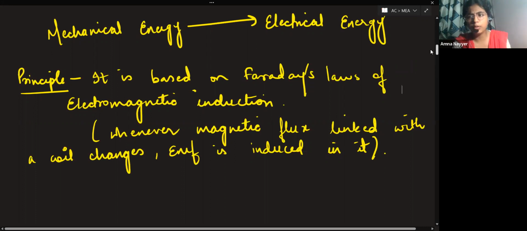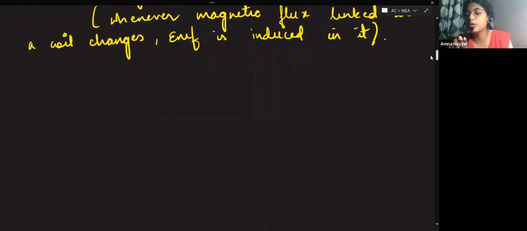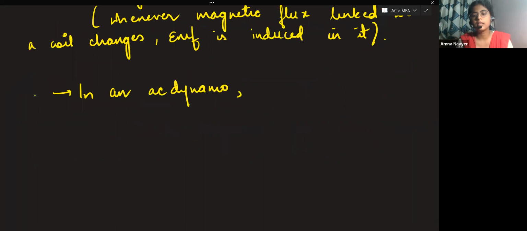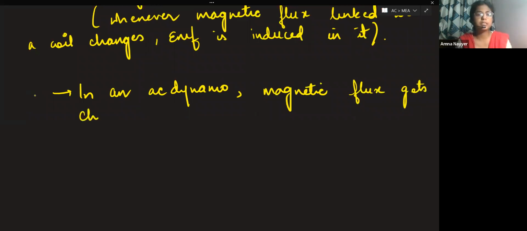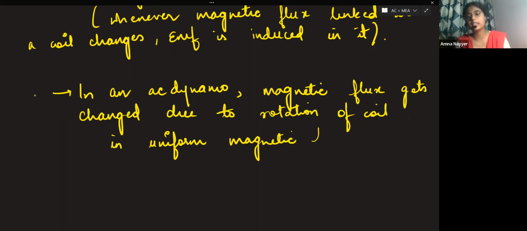Just remember this point: in an AC dynamo, the magnetic flux gets changed due to the rotation of the coil in a uniform magnetic field.